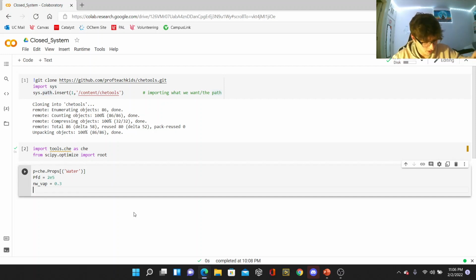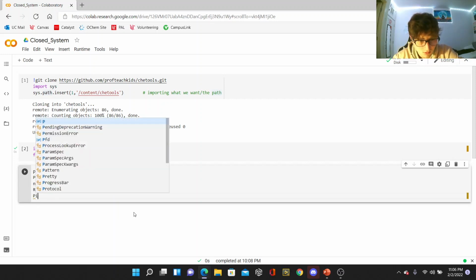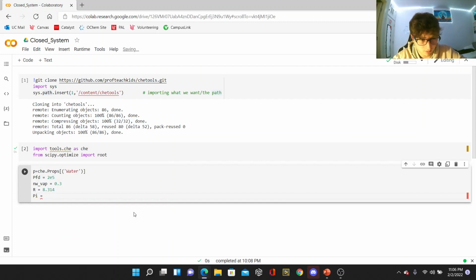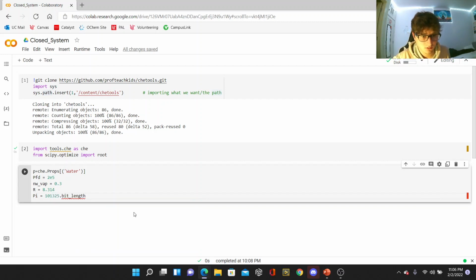All right, and then next, what are some others? We have R, so 8.34. We also have, and I remember you told all of us to do this, 101. Add the period at the end for flow.